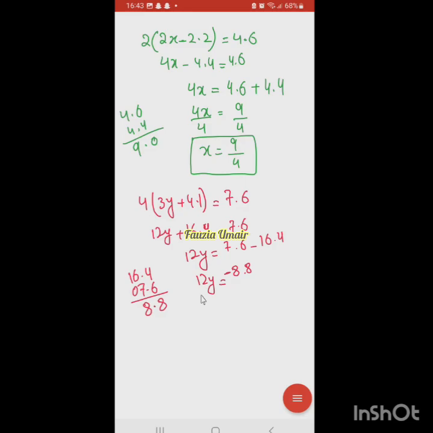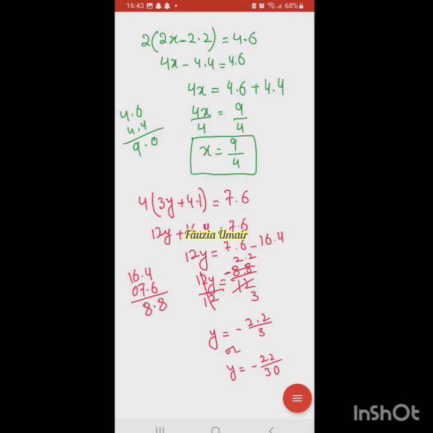So now you divide both sides with 12. So this is gone and y is equal to, now you can just cancel it. If you cancel with 3, 4 3s are 12, 4 2.2s are 8, right? So you can write it down like this, minus 2.2 by 3, or you can write it as minus 22 by 30 if you remove the decimal, right?